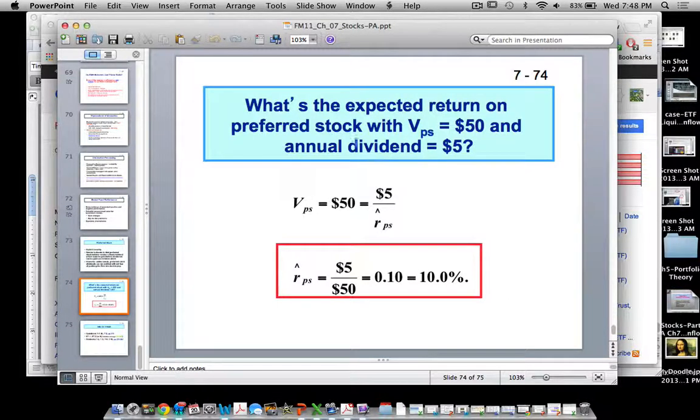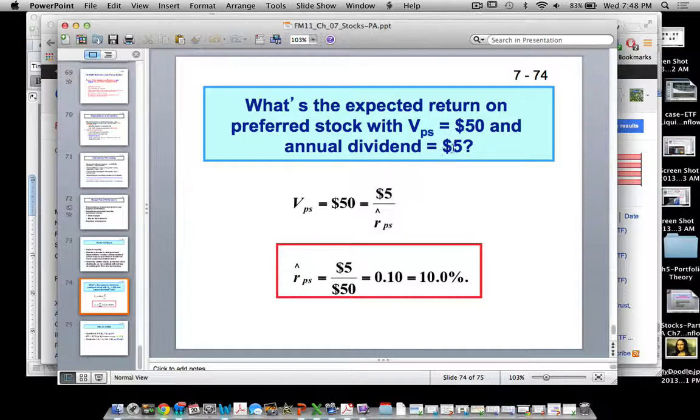The valuation of a preferred stock, which you need to do on homework, is extremely simple. It's basically a perpetuity, from the Time Value of Money chapter. You can refer to it. It is the constant payment for infinity divided by the interest rate, in this case, the expected return.